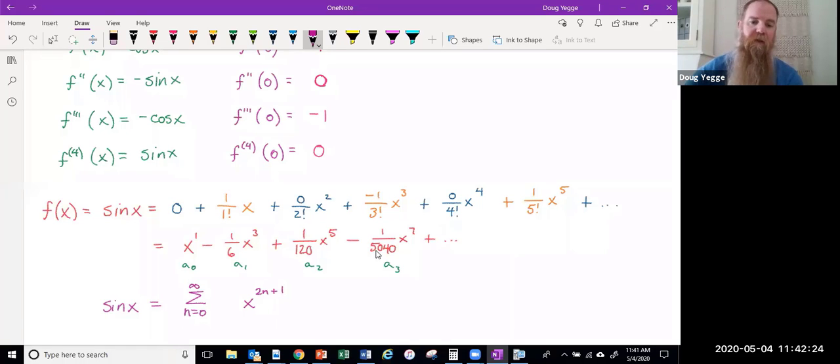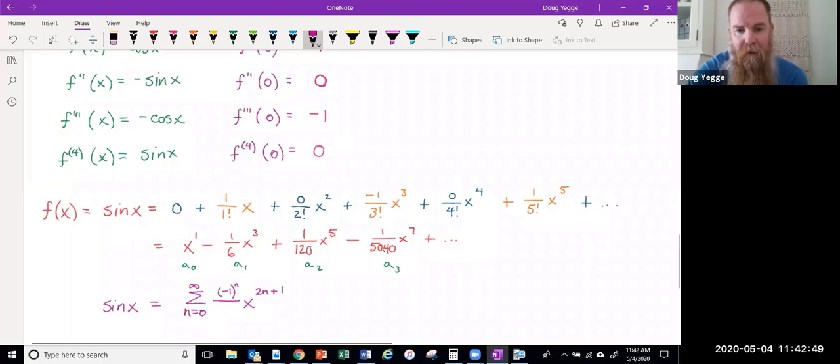Now let's focus on the alternating signs. Well, this is first of all going to have a coefficient that is alternating. So I know that this is going to be -1 to the n, because when I plug in 0, I get positive, and it'll alternate from there. And now I've got to realize that this right here is just going to give me 1 factorial, 3 factorial, 5 factorial, 7 factorial.